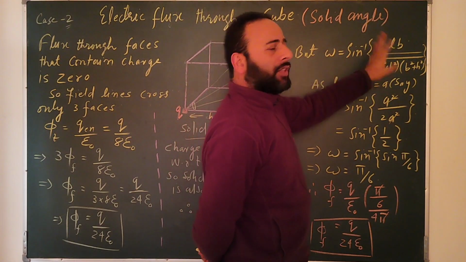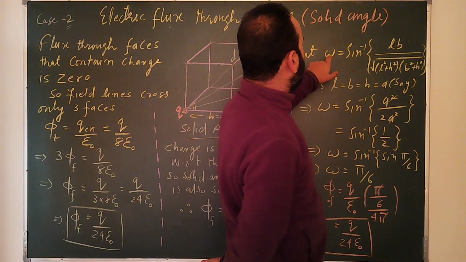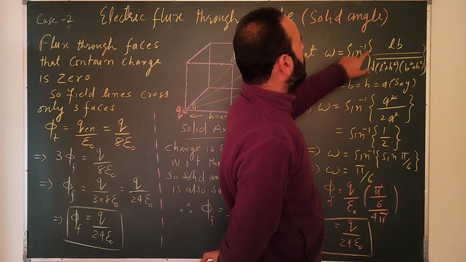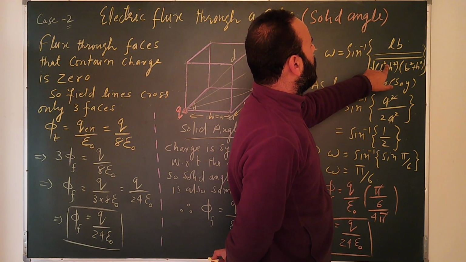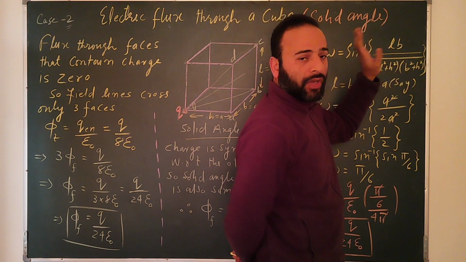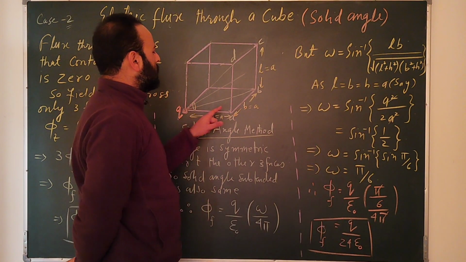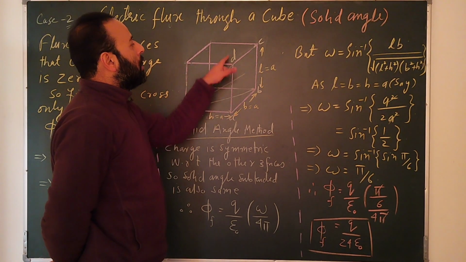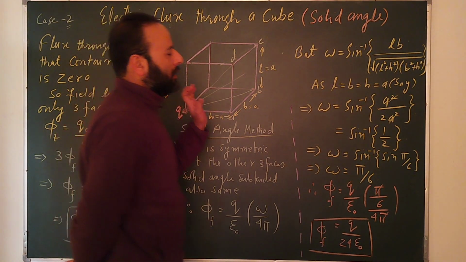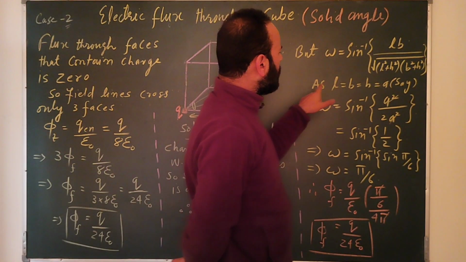But we know the general formula for a rectangle is omega equal to sine inverse of LB divided by under root of (L square plus H square) times (B square plus H square). In this case, the charge is at a distance of H from one of the corners of the square face or rectangular face.